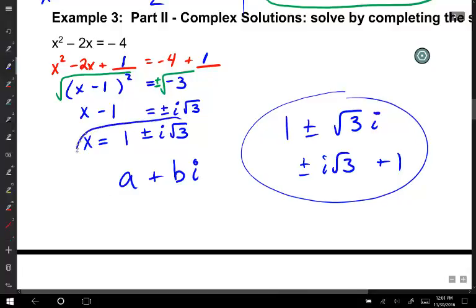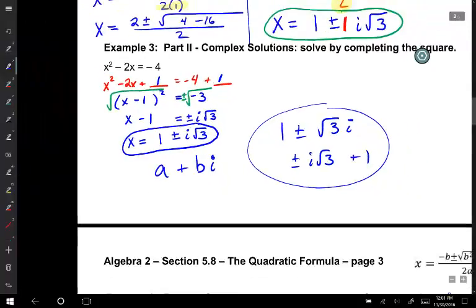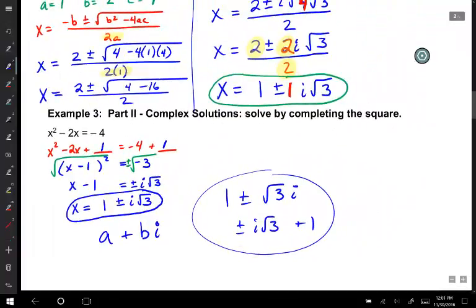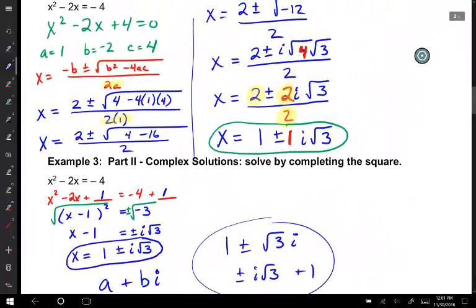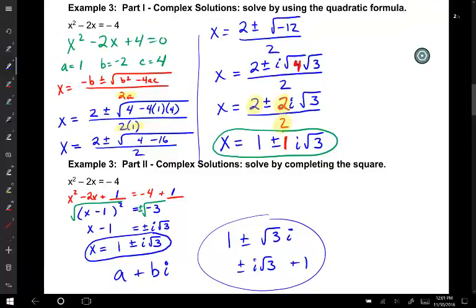So here's our answer. Now, I want you to compare these two. We have completing the square and the quadratic formula. We did the same problem in two different ways. In my opinion, completing the square for this case was much easier. That will not always be true.